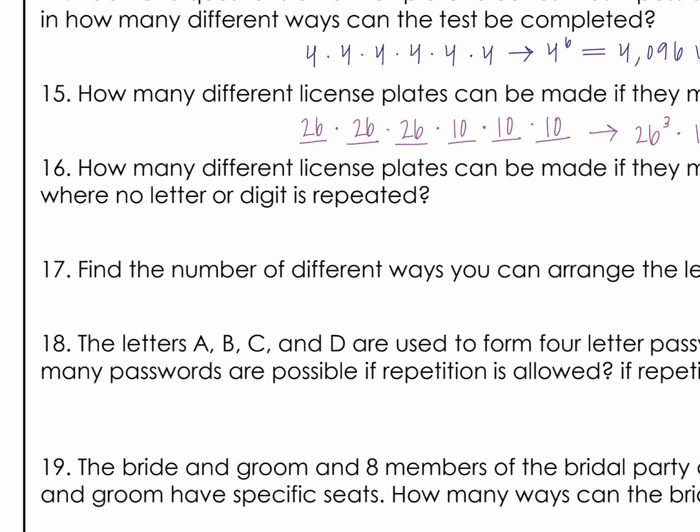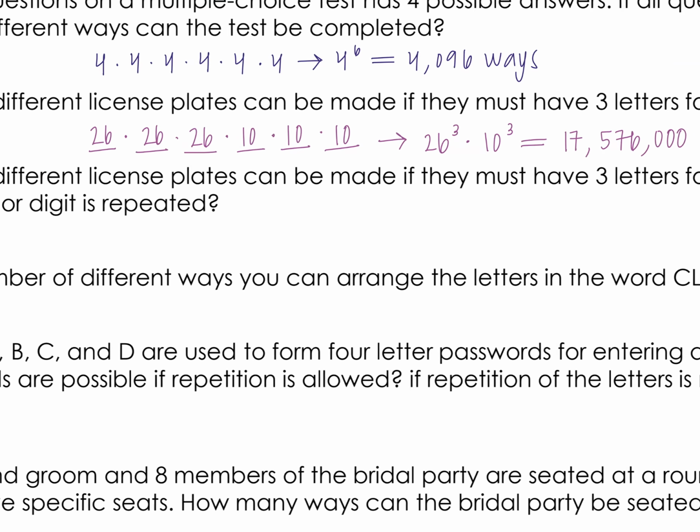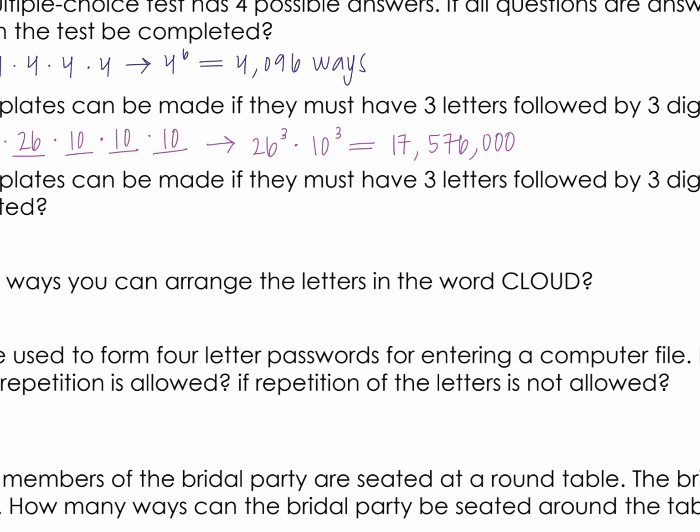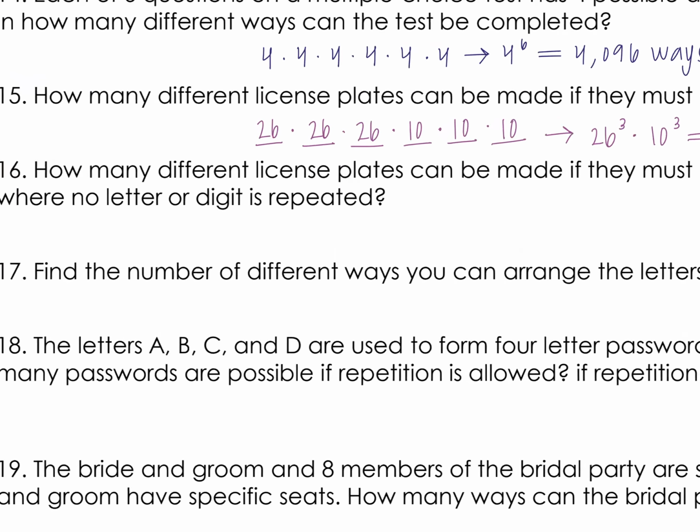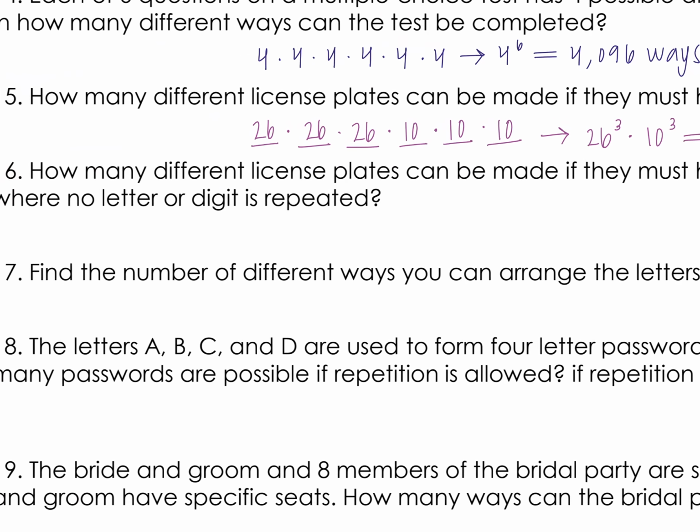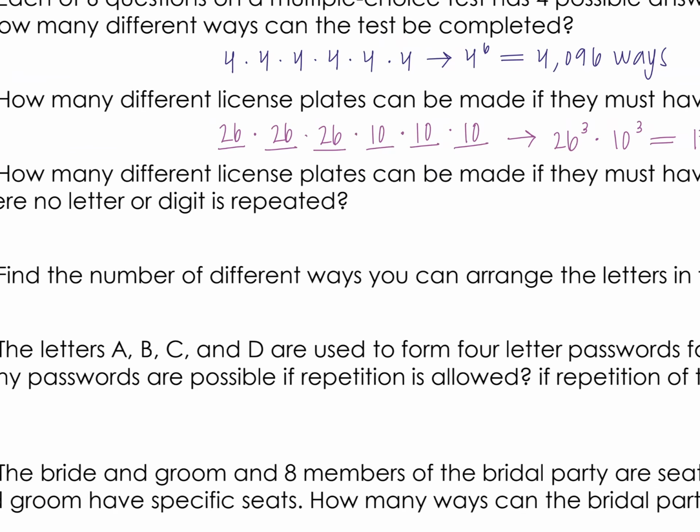How many different license plates can be made if they have 3 letters followed by 3 digits and no letter or digit is repeated? So here you would start off with that 26, then you would have 25, one less, and then 24 times 10, 9, and 8.